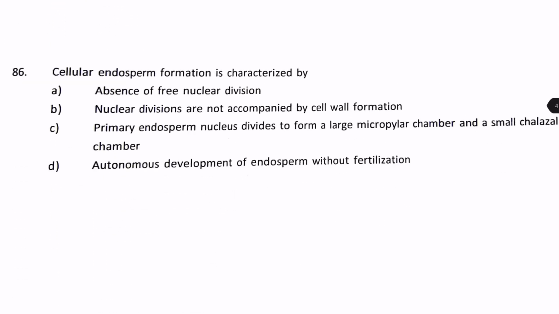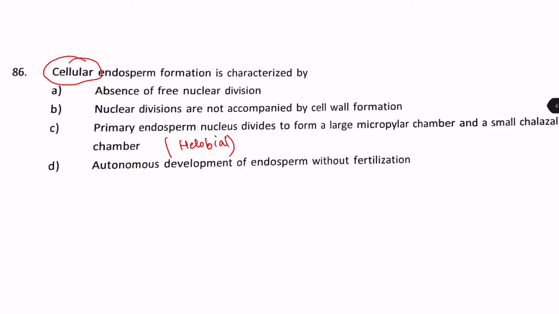Next question. Cellular endosperm formation is characterized by, so it has to be a cellular endosperm, and then it is saying that there is absence of free nuclear division. Nuclear divisions are not accompanied by cell wall formation. Primary endosperm nucleus divides to form a large micropylar chamber and a small chalazal chamber, that is helobial.